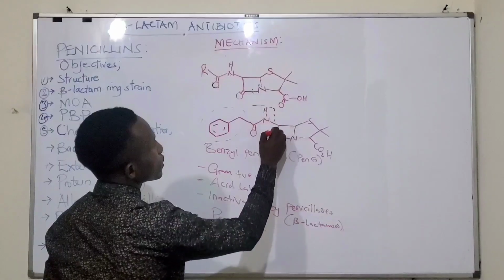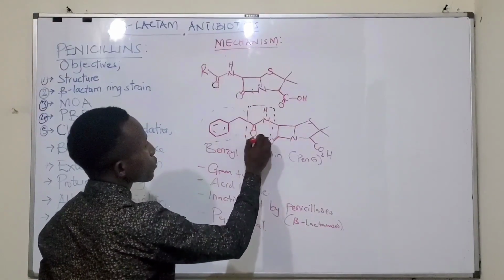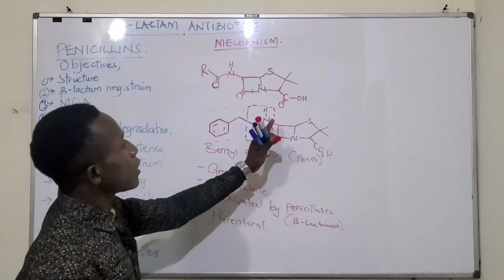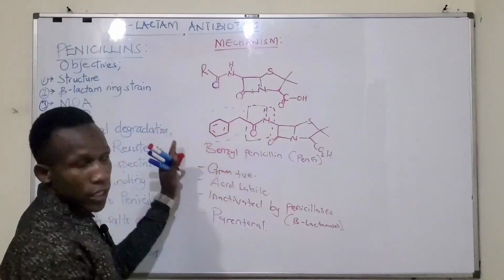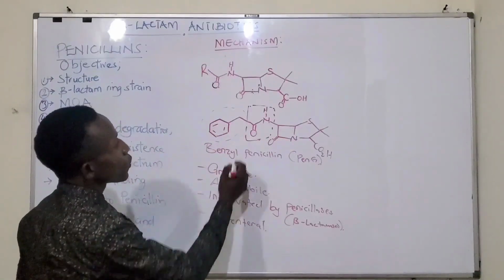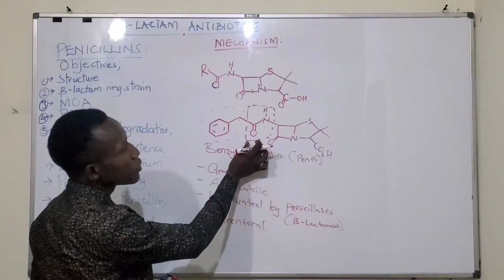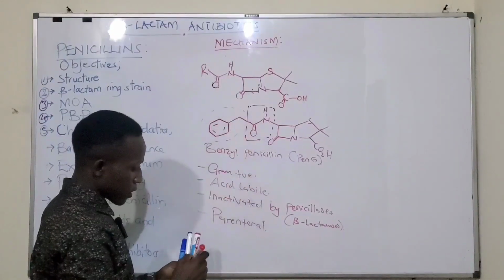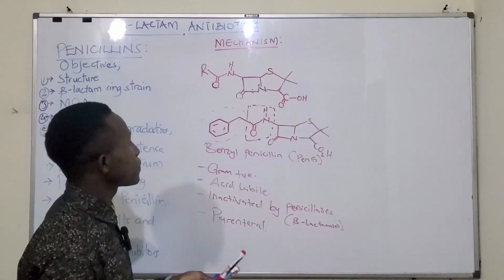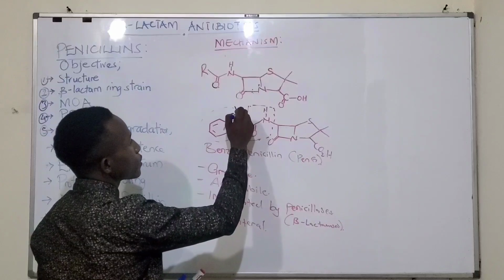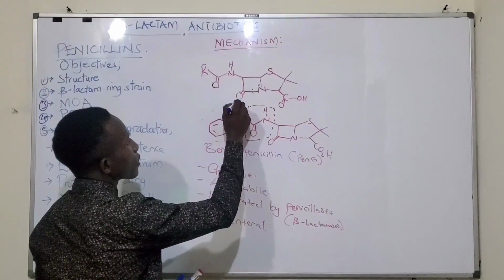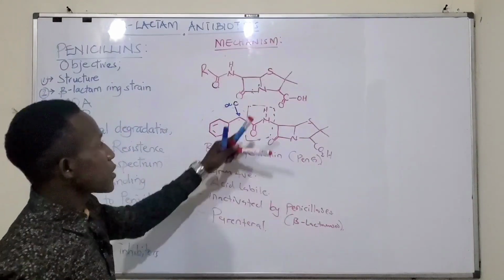This amide group is the functional group at the side chain. So the first carbon on this amide group is the alpha carbon. This carbon is the alpha carbon.